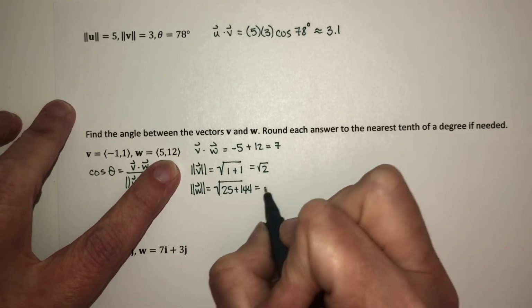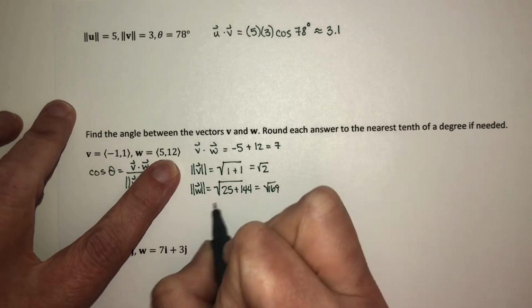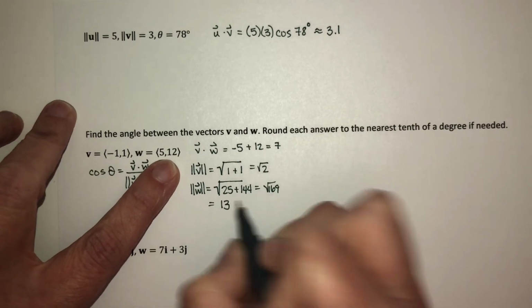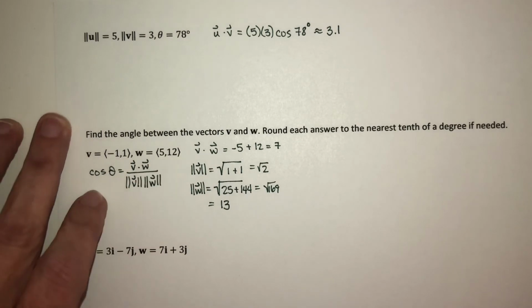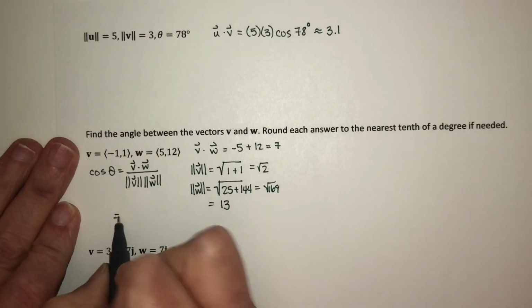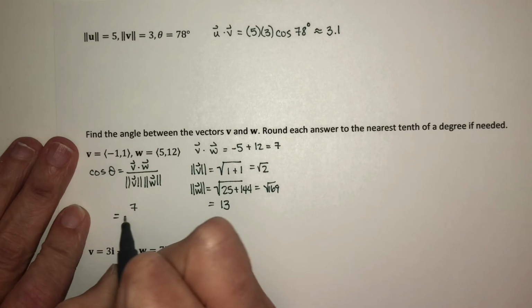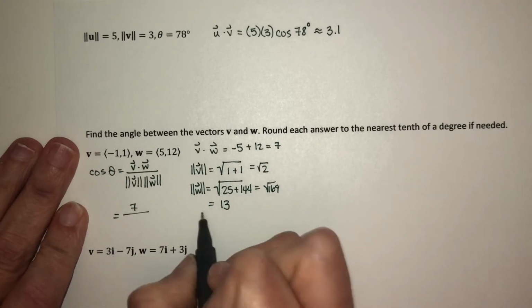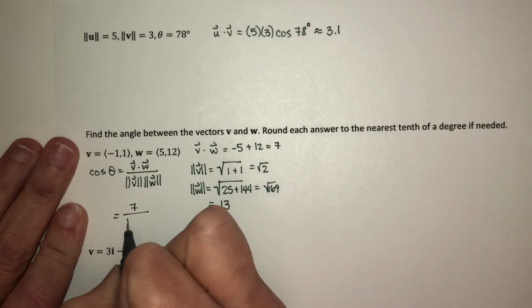And this gives us the square root of 169, which is 13. So cosine of theta is equal to 7 over 13 times the square root of 2.